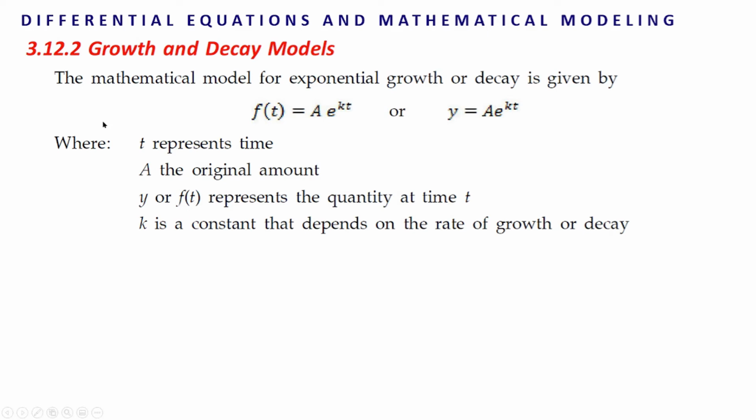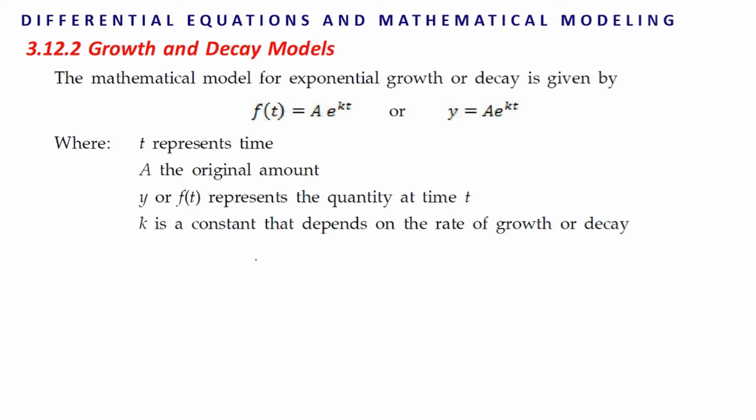Now we will move on to the growth and decay model. The mathematical model for exponential growth or decay is given by f of t, a function of t, equal to a into e raised to kt, or y is equal to a into e raised to kt, where t represents time, a represents the original amount, that is the amount present at time t equal to 0, y or f of t represents the quantity at time t, and k is a constant that depends on the rate of growth or decay.